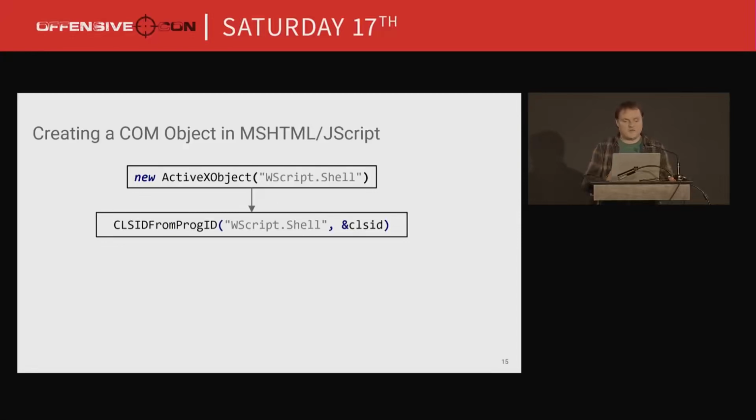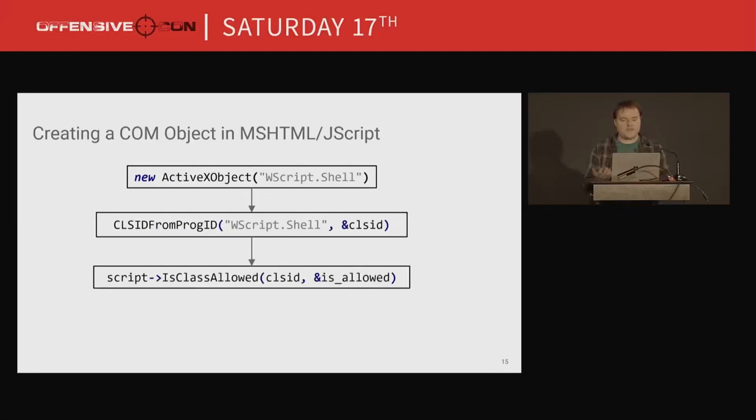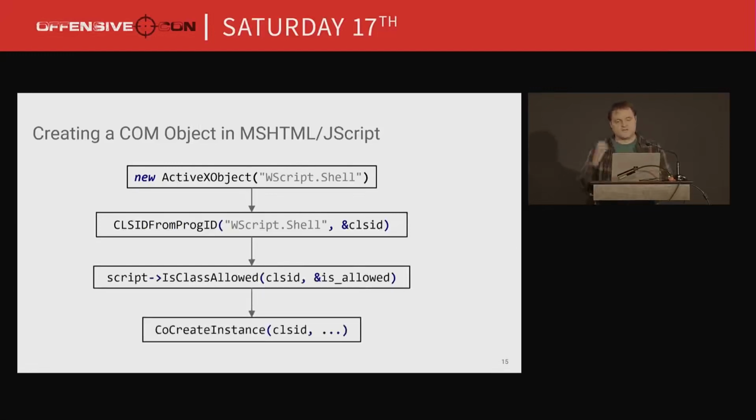So underneath the hood, JavaScript calls CLSIDFromProgID, which is a system API, and that looks up that string and returns you a class ID. That class ID is then passed to IsClassAllowed, which then passes it to CoCreateInstance, assuming that isAllowed is actually set to true. So there's probably some sort of time-of-check time-of-use issue here, in that when we're checking the class is allowed and then creating the class with CoCreateInstance, there's a lot of things which could go wrong in between those two steps.